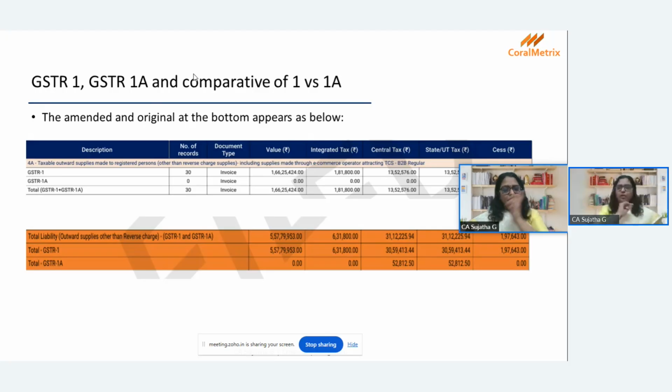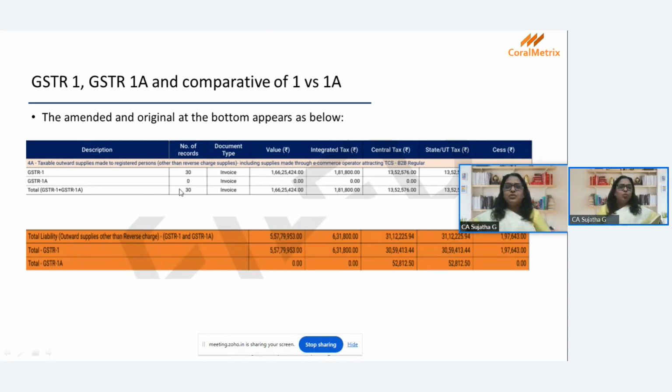One, GSTR 1, which is the return you originally filed, will not undergo any change. Then GSTR 1A, the new form, you will also see. There is another form, a comparative form, GSTR 1 versus 1A, which has this table, on the screen I am showing you.